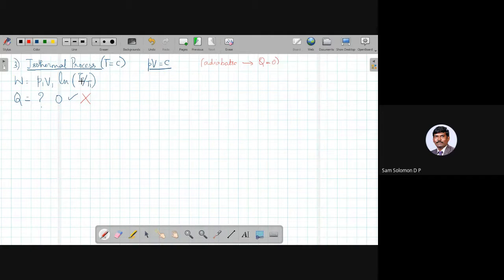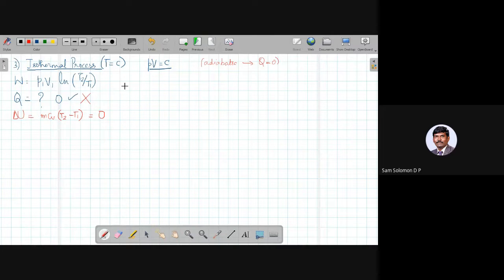Okay, so now if you look at delta U, your delta U is mCv times T2 minus T1. This is a general equation. So your delta U is going to be equal to 0 because this T2 minus T1 is equal to 0.